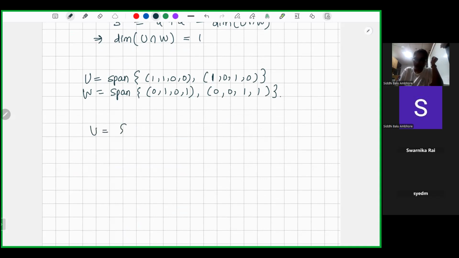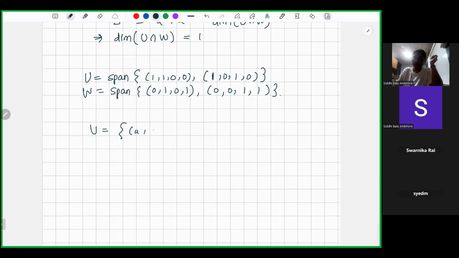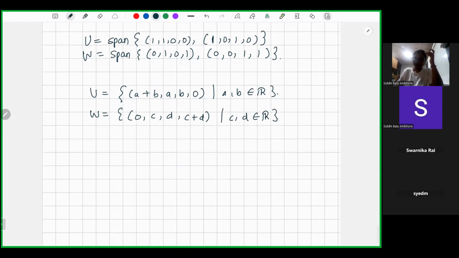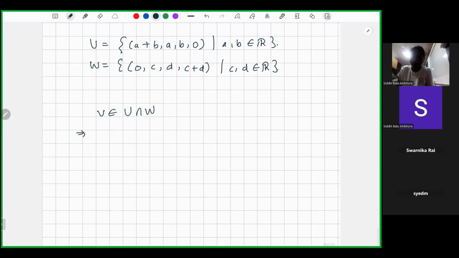U is the set of (A plus B, A, B, 0) such that A, B are in R, and W is the set of (0, C, D, C plus D) such that C, D are in R. And if I'm saying that some element V belongs to U intersection W, this implies that it belongs to both, right?